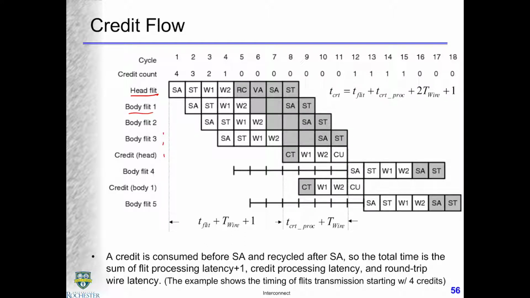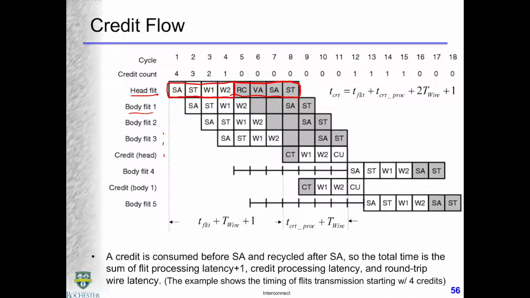And the color indicates two different nodes, the upstream node in white and the downstream node in shaded color. Okay, and W means wire delay, and we're assuming a wire delay of 2 cycles, and in this case 5 body flits plus the head.